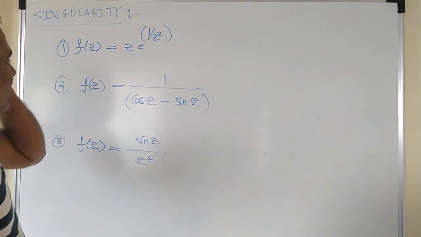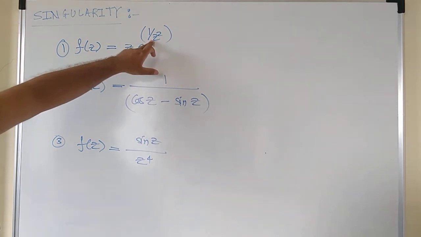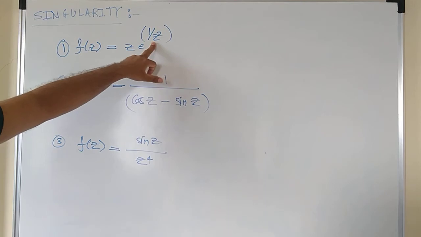And what kind of singularity will you get in this case? I think for e raised to 1 by z square we have just solved the essential singularity.